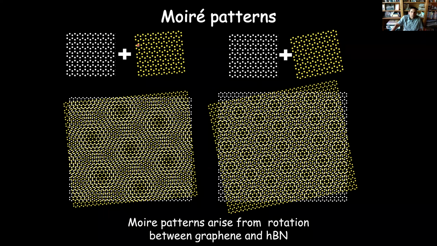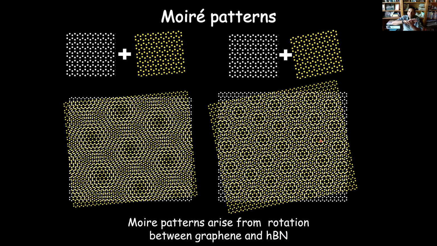If I combine these with about a 5-degree twist angle between them, I get this Moiré pattern here, a periodic structure with a periodicity of a few times longer than the atomic lattice. If I rotate the graphene by 5 more degrees, so now I have a 10-degree rotation between these, I see this Moiré pattern shrinking in size.